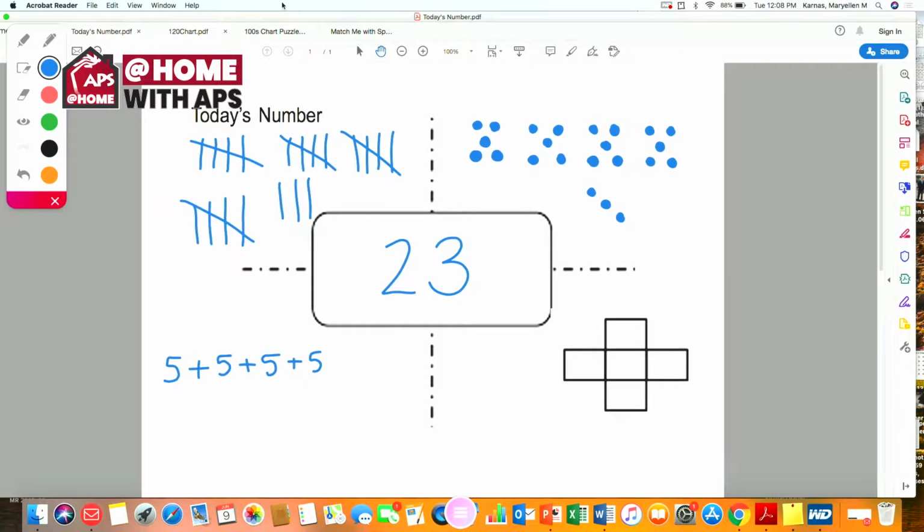So that's our 20, 5, 10, 15, 20. And 3 more would give me the 23. That's our today's number. How else could we write a number sentence for 23? Yesterday, we thought about using our 10-frame representation, right? 10 plus 10 plus 3. We could do that again.